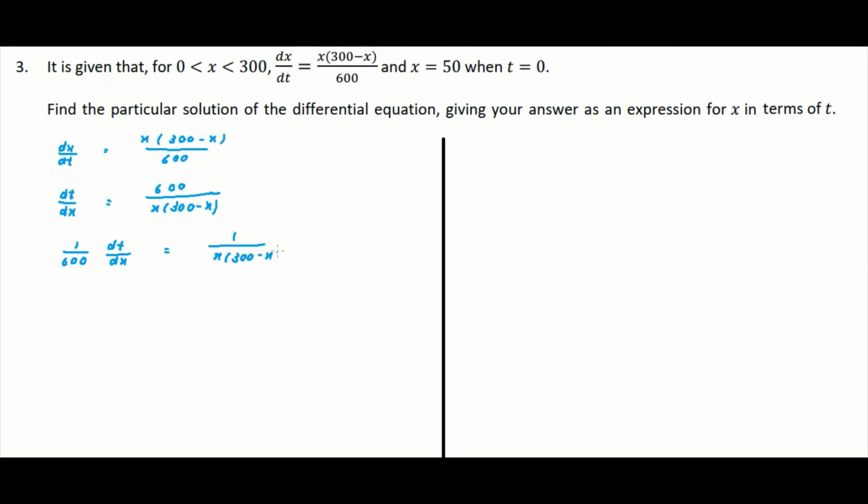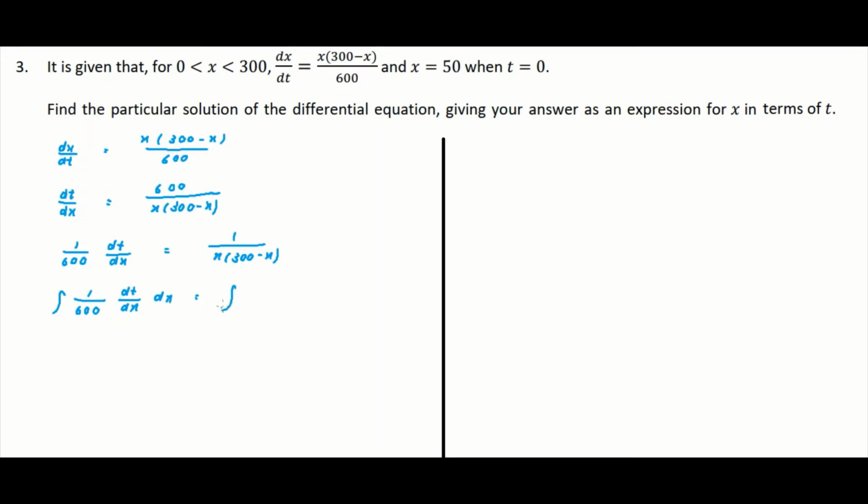Okay, so by looking at this term, you know what the integration technique is that you should use. Try to think of it and see. Then we move on to the integration first. So you have 1 over 600 dt/dx. It's the same thing. If you want to move this outside, then you're left with 1 inside, also can.